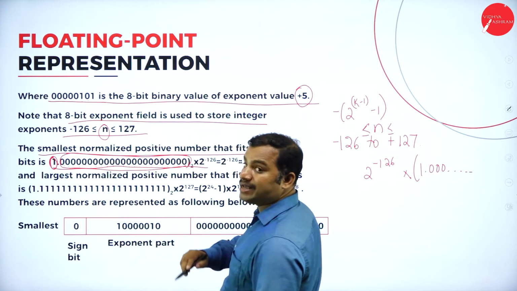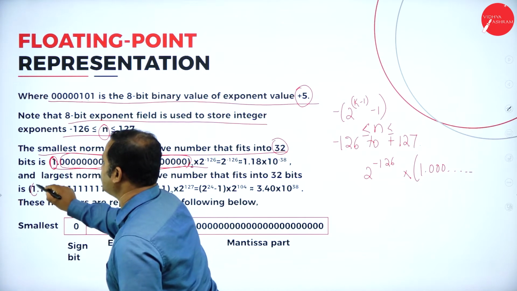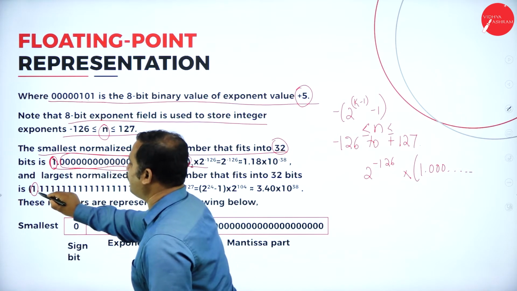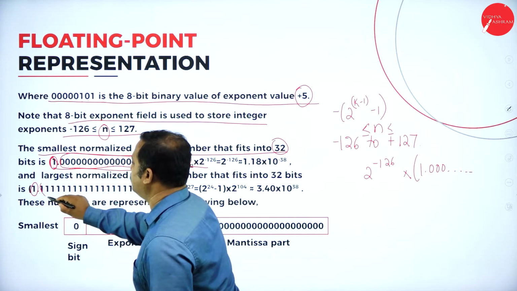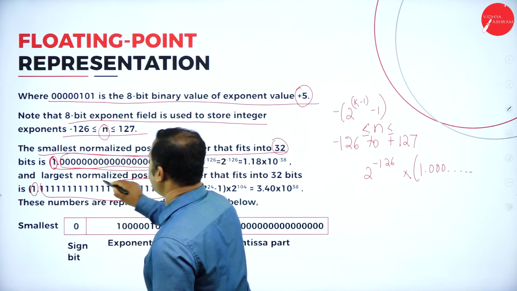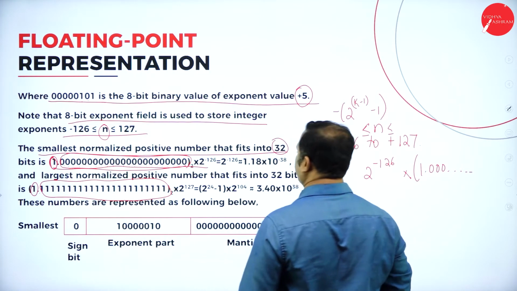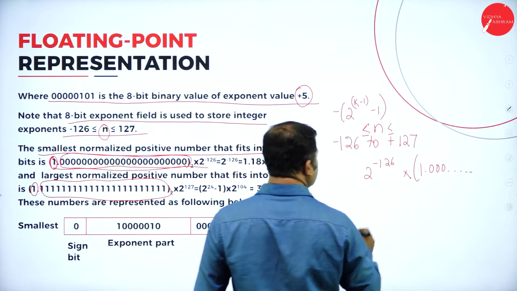What is the maximum value? I can represent it here. In place of this, I will place 1 as it is. After the decimal point, I will replace all zeros by 1. So that becomes the maximum value. Then what is the meaning of that?